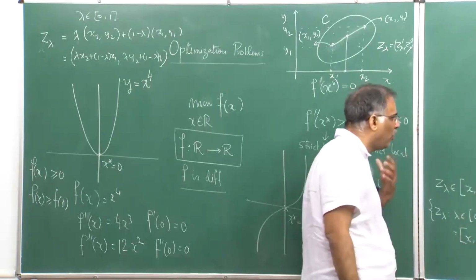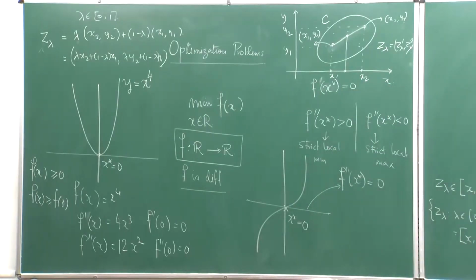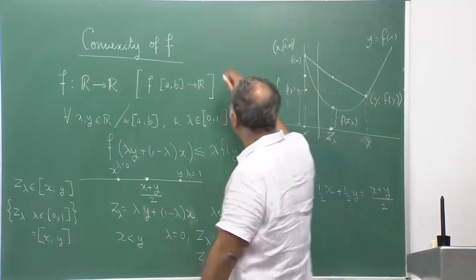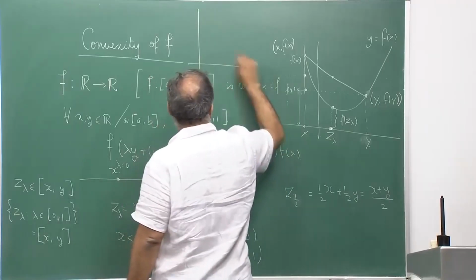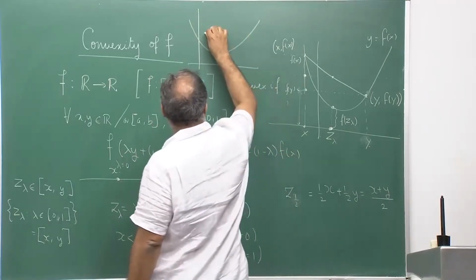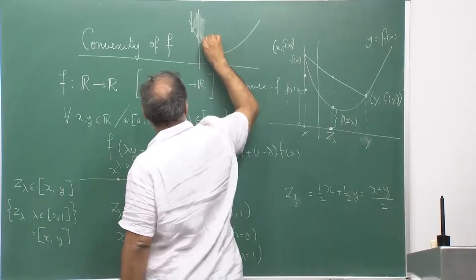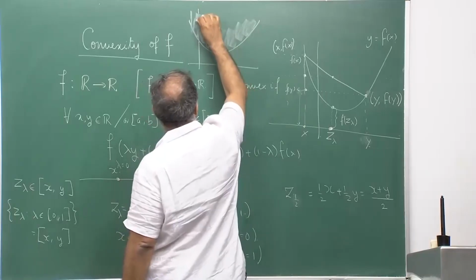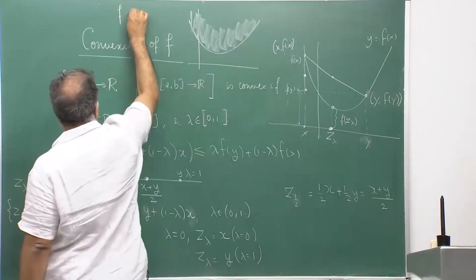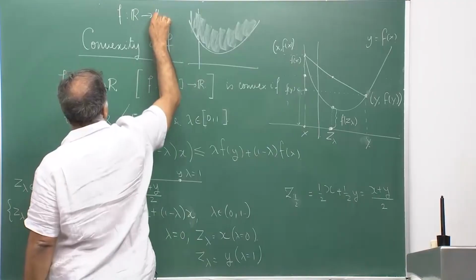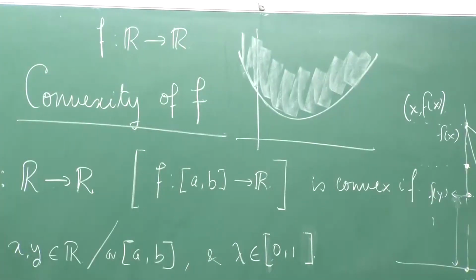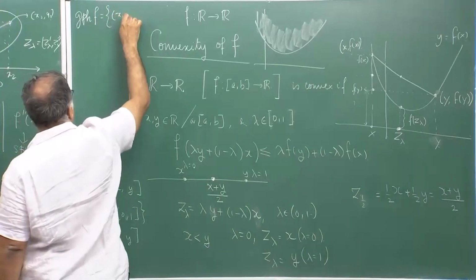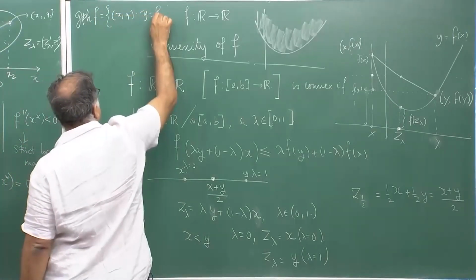Now what is so important about getting to this definition? Another way of recognizing a convex function is this. You take a function like this and you shade the part above the graph of the function. If you take a function from R to R, what is the graph of a function? The graph of a function f is the set of all coordinates x, y such that y is f of x.